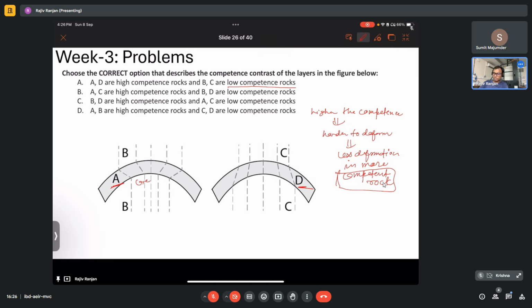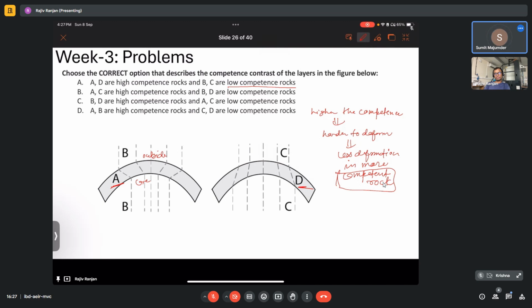Outside, outer core or inner core? In that case, B is more competent and A is less competent, and C just the vice versa.